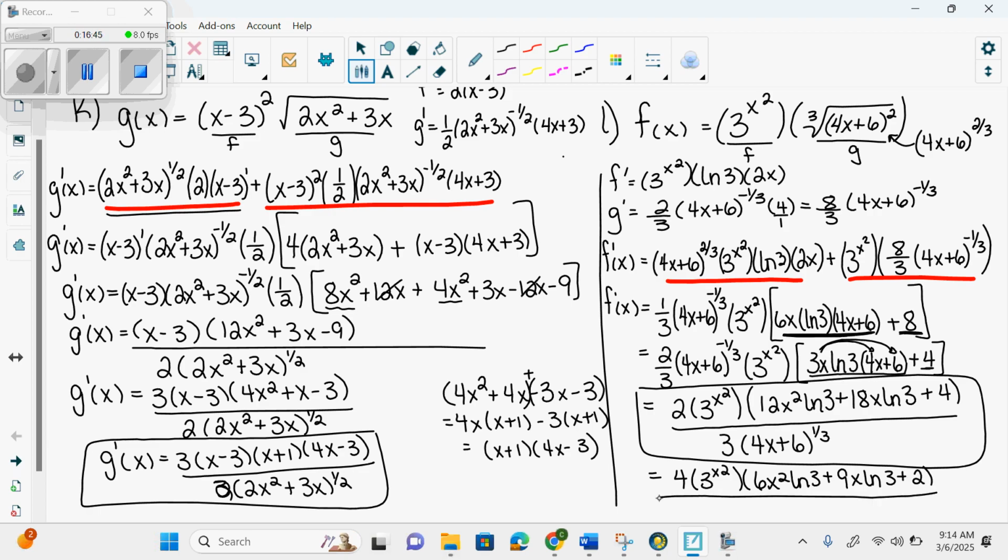Oops. And if they wanted to, they could write the cube root of 4x plus 6. Do the same thing. So I often wait till I've distributed everything, and then I take a GCF out. If there's a coefficient that can come up, or a constant, or a number.